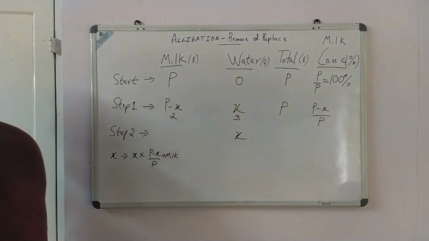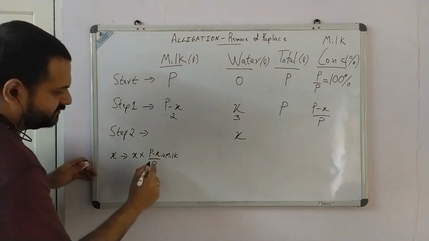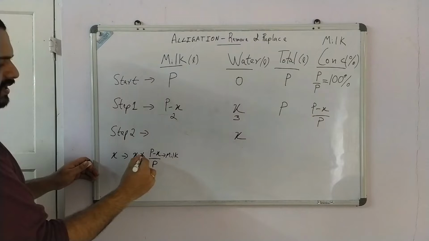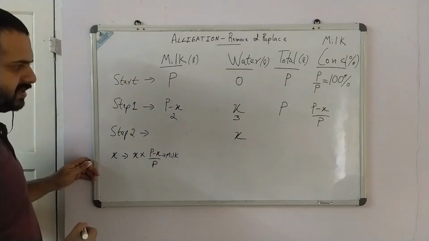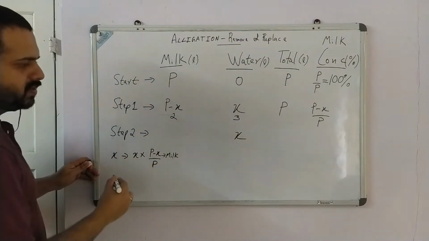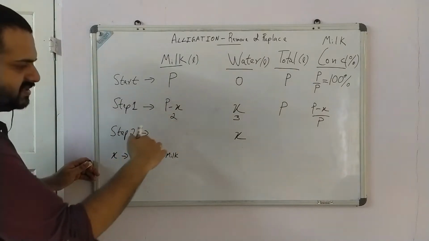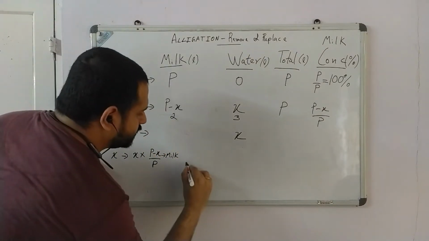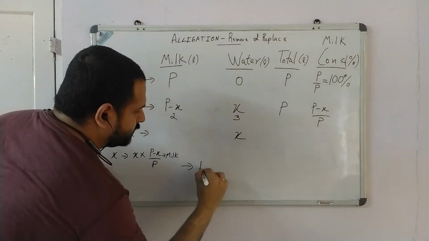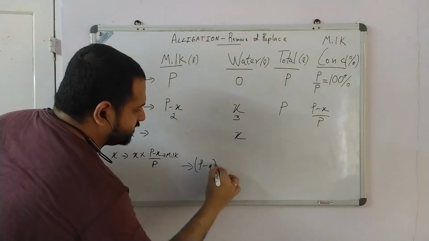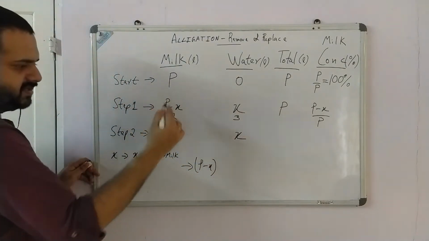So if I'm saying that the amount of milk which came out is equal to X into P minus X by P, right? So after step 2, how much milk is remaining in the mixture? P minus X, right? Which is what we are starting off with.